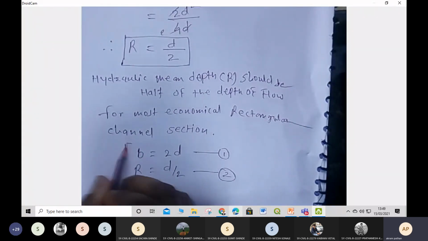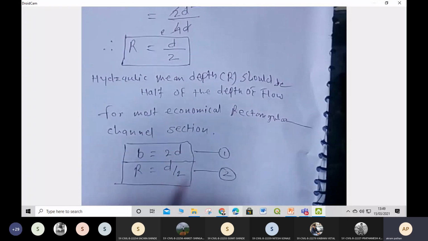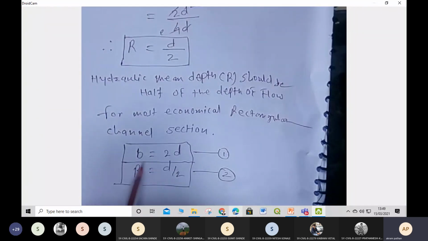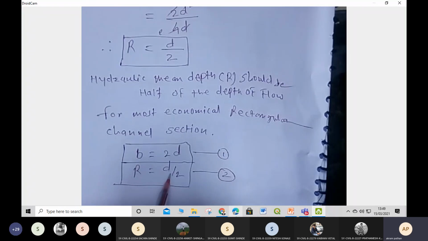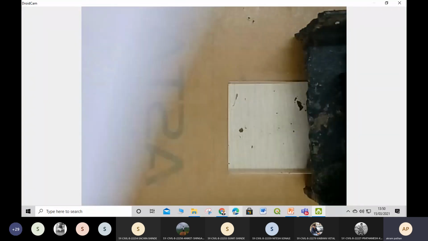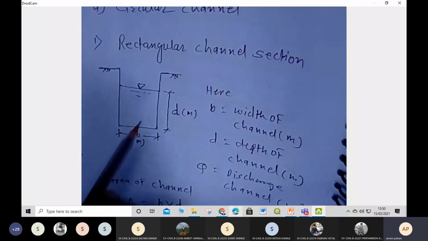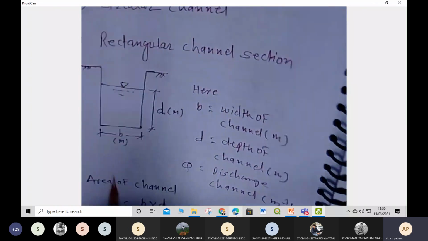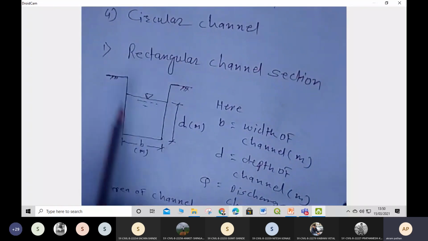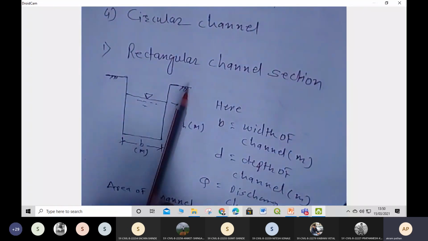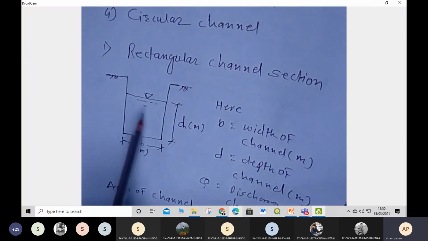So remember these two things in case of the rectangular channel section: width should be twice the depth of flow, and hydraulic mean depth should be half of the depth of flow. So this is for the most economical rectangular channel section. Let us try to understand once again. We have a rectangular channel section in which water is flowing.